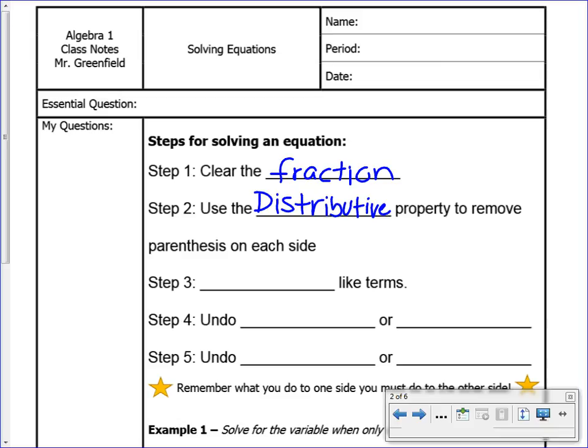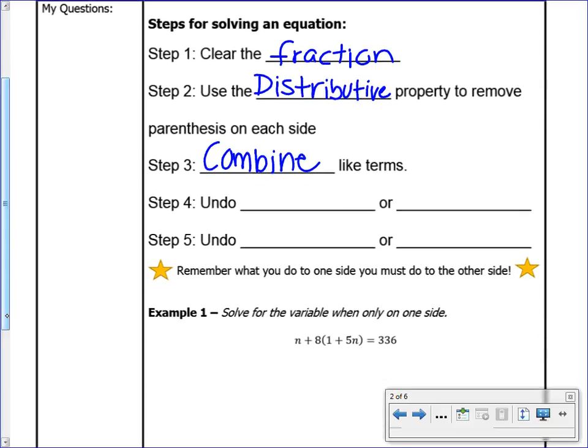to remove parentheses on each side. Step 3 is to combine like terms. Step 4 is you want to undo the addition and subtraction.